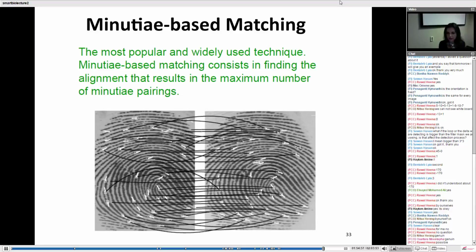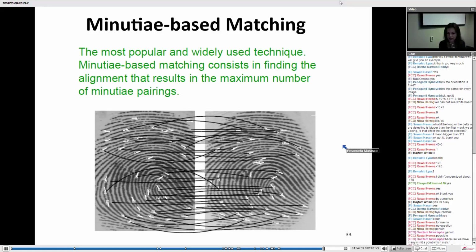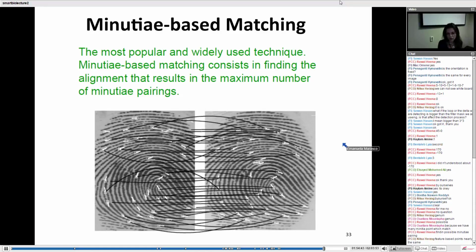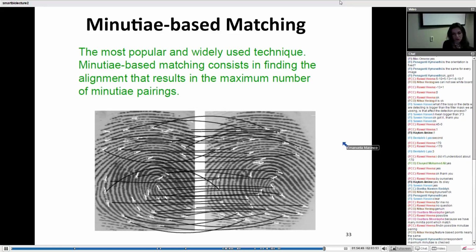Cavani is writing: because we have many minutia points which match, correspond, which means that the feature points are nearly the same. I'm reading your answer: the maximum corresponding minutia points is checked. Yes, this is the definition, and the answer is that this is probably a genuine matching.